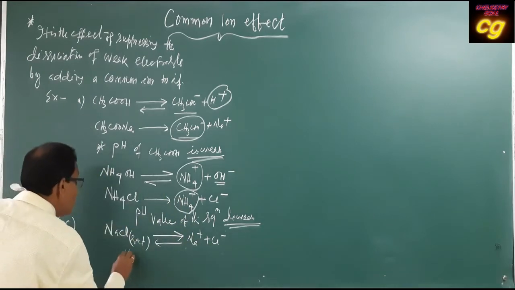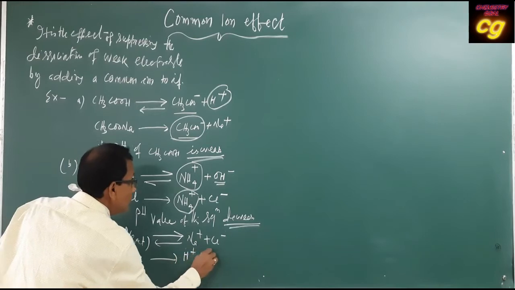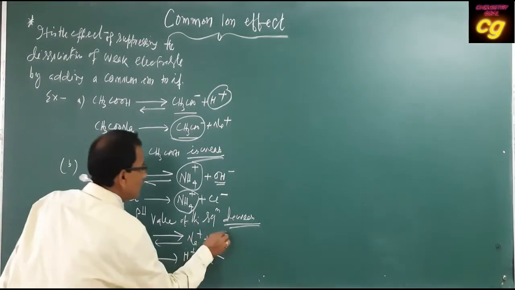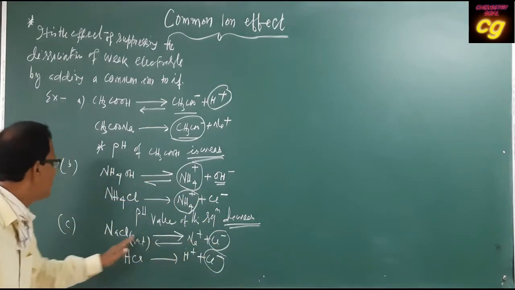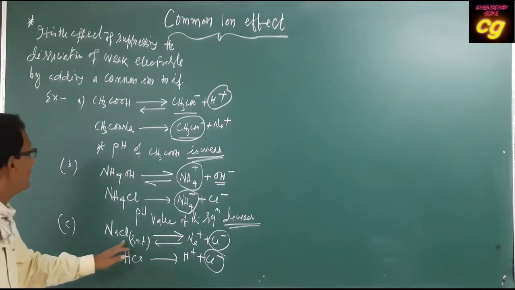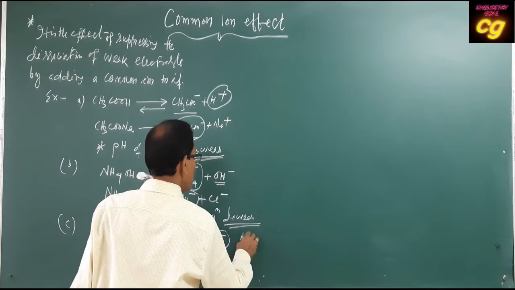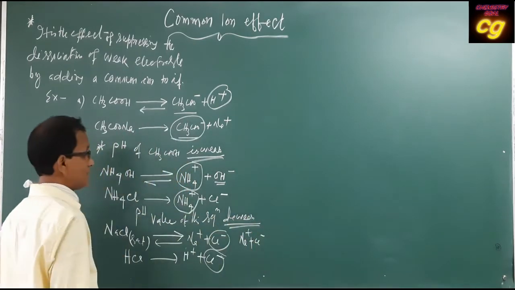If you add hydrochloric acid gas to the solution, it is highly soluble and produces H plus and Cl minus. Which is common? Cl minus is common here. As Cl minus is common, equilibrium shifts towards the backward direction, forming undissociated NaCl.